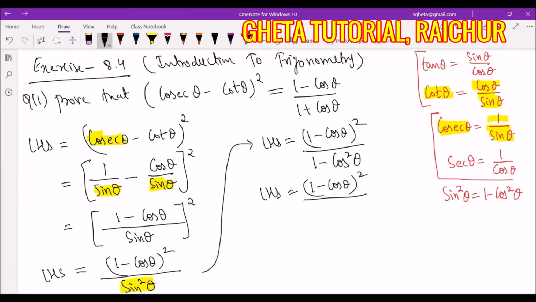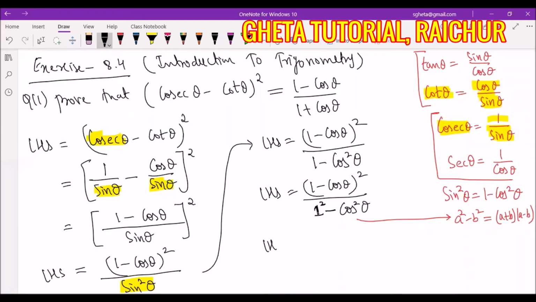Now this 1 I will write as 1 square, because 1 square is 1 only, so it will not affect the answer. So I write 1 square, and here cos square theta. So this looks like a square minus b square. The algebraic identity you have to use here: a square minus b square is equal to a plus b into a minus b.